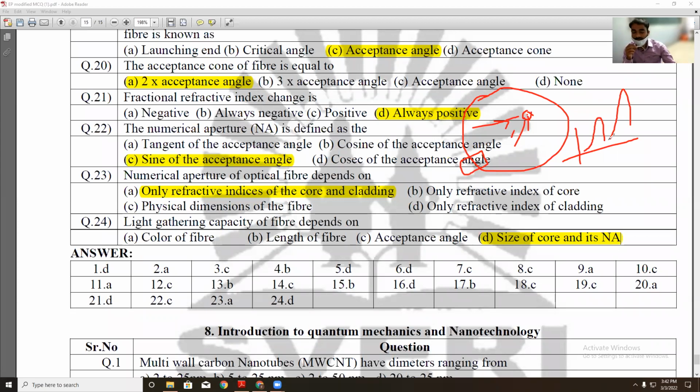Basically, there are 3 different types of carbon nanotubes: zigzag, armchair, and helical. And last, applications of nanomaterials in various fields like medical, industry, textile, cosmetics, space, automobiles. So this chapter is very small. We will cover it within 4 lectures.